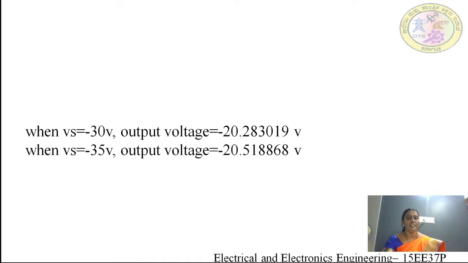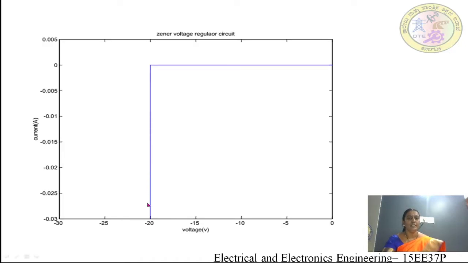The output voltage is constant, and that is given by the waveform. The output voltage is constant irrespective of the current, and that is 20 volts, and it remains constant.